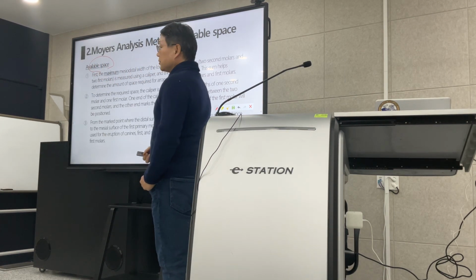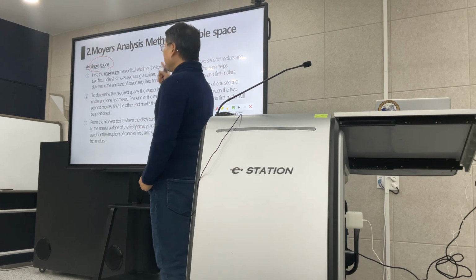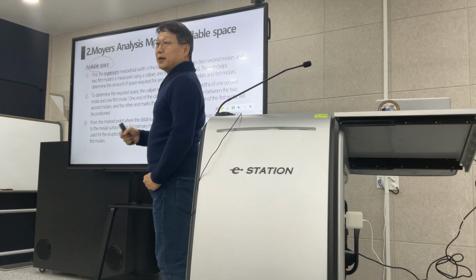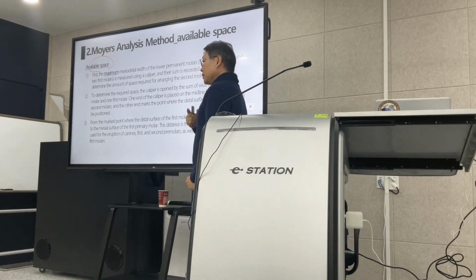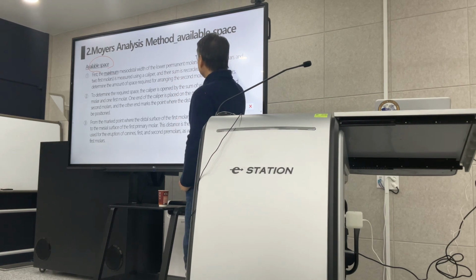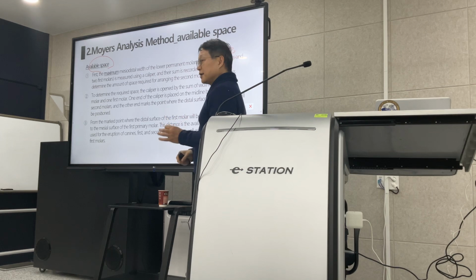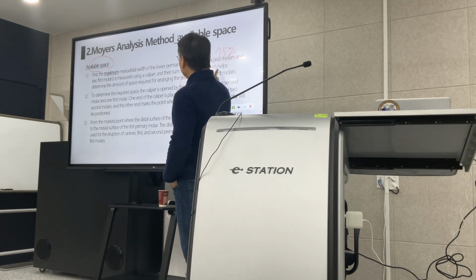There are two or three ways we can measure the available space, but I recommend just one way. Either way is no problem, since we just get 75%. There are some differences, but it's okay. The first is this kind of measurement.